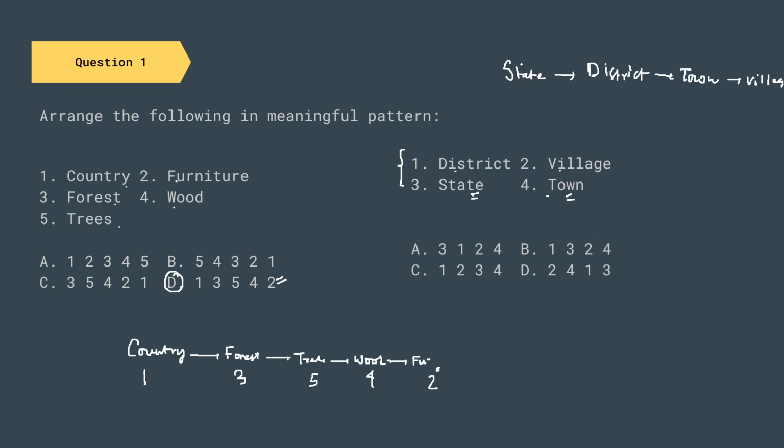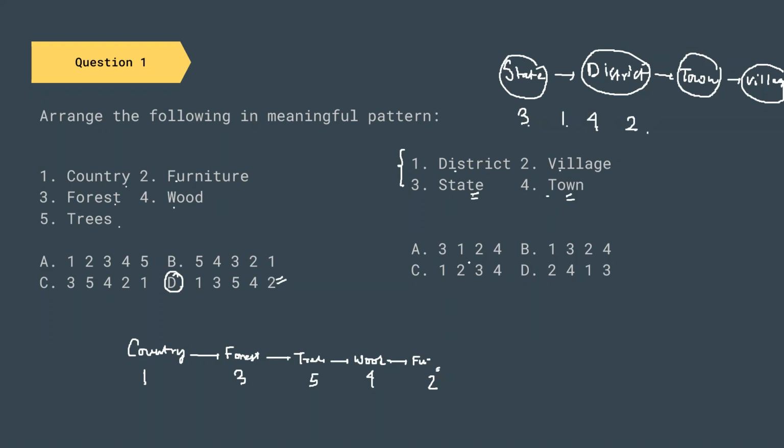Or I can say that state has the largest size. A district is usually smaller than a state. A town is smaller than a district, and a village is smaller than a town. So both ways it works. So state is 3, district is 1, town is 4, and village is 2. So 3, 1, 4, 2.